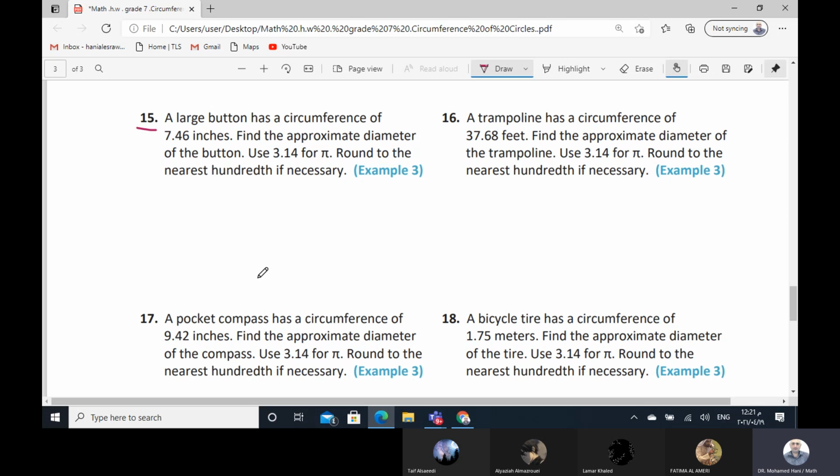Find the approximate diameter of the button. Use 3.14 for pi. Round to the nearest hundredth if necessary. Okay, thank you. So also here we have the circumference, and we know the pi, and we want to find the diameter.